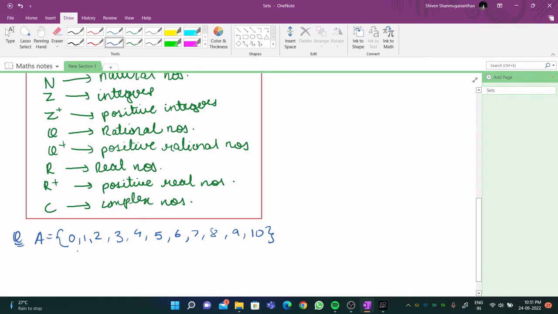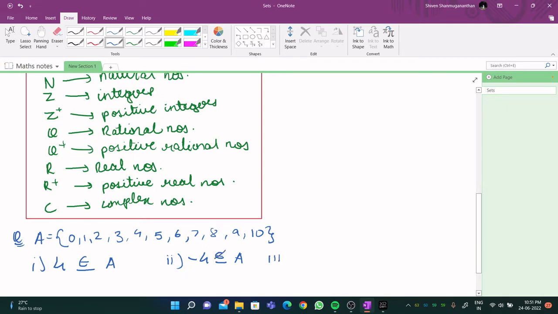Now we have to answer these questions. Is 4 in A? Now we know 4 is in fact an element in this set, so we can write 4 belongs to A. Now part 2, is minus 4 in A? As you've seen here, minus 4 is not an element, hence it does not belong.